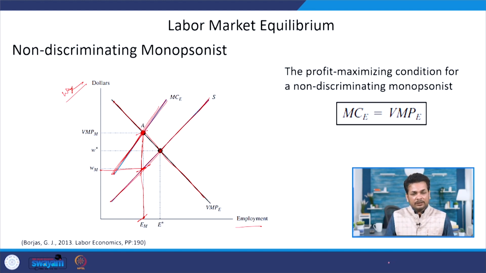Now, had this been a perfectly competitive market, then the farm would have employed E star amount of workers at W star wage rate.